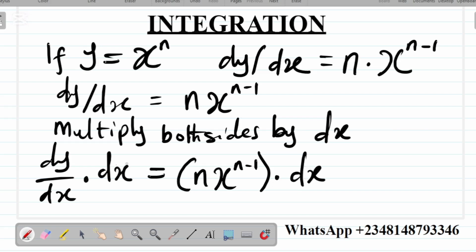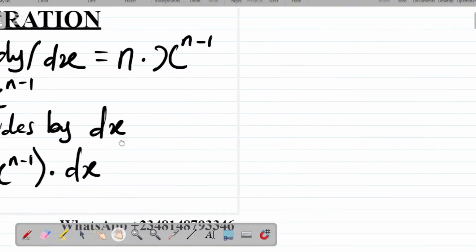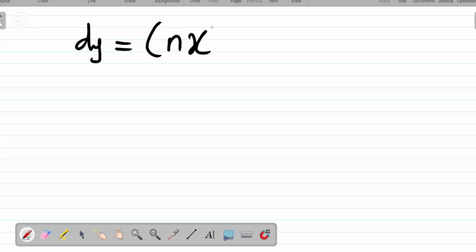So on the left hand side, dx cancels dx. So we are left with dy equals nx raised to power n minus 1 close bracket dx.